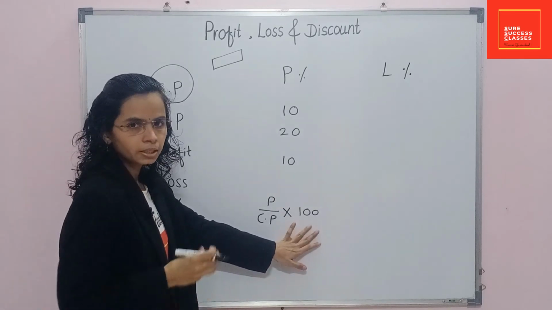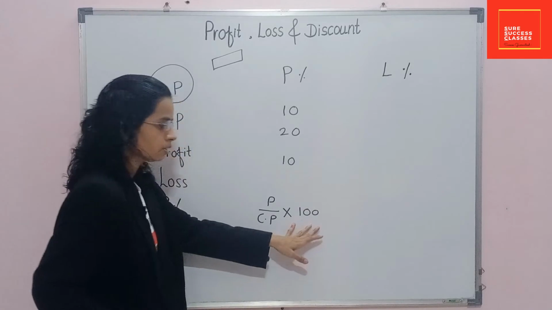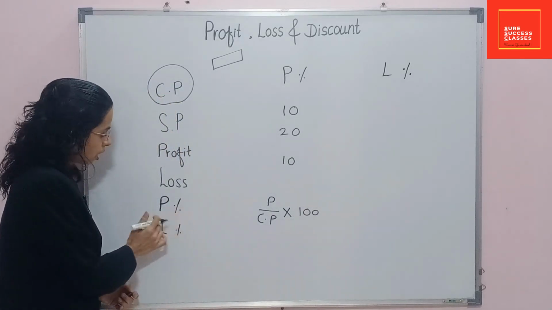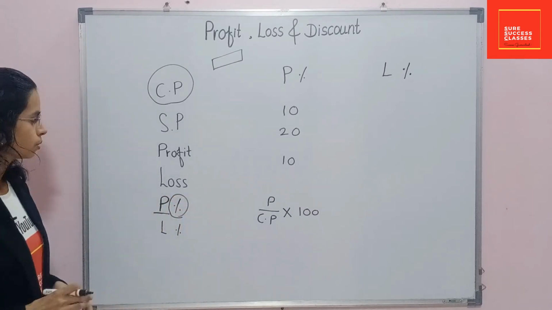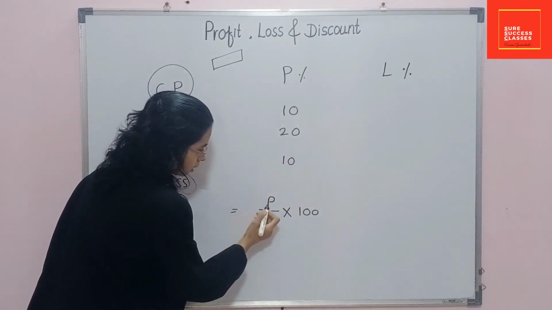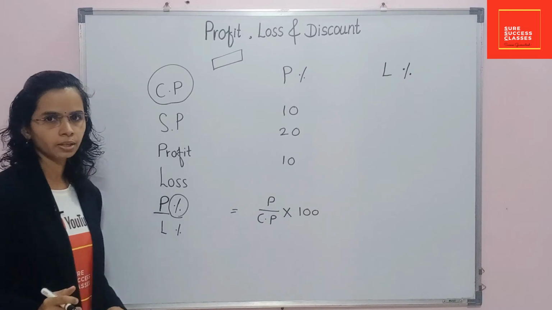We are multiplying profit by cost price with 100 because we want to calculate our profit in terms of percentage. So the formula will be profit by cost price into 100.